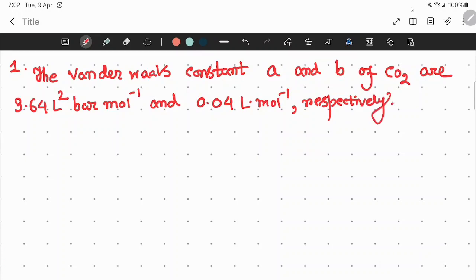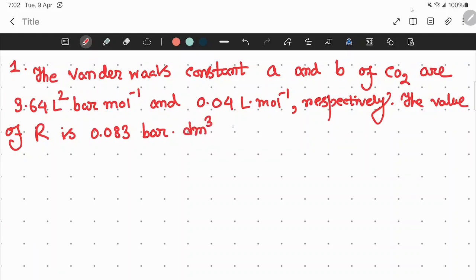The value of R, anyway, this we have to remember, is 0.082, but here it is given as 0.083, in bar decimeter cube mole inverse Kelvin inverse.